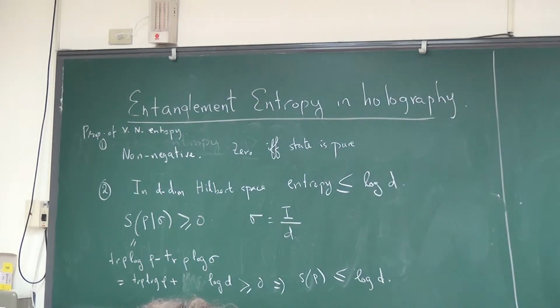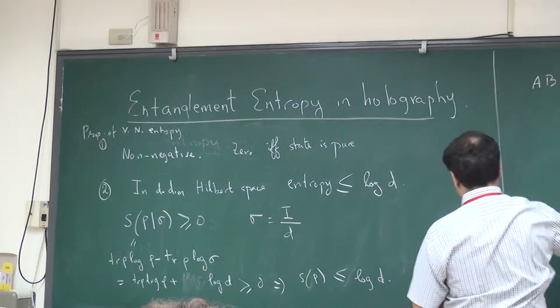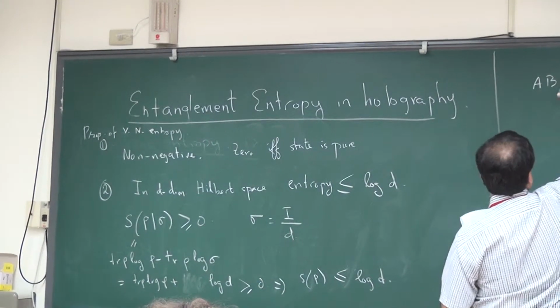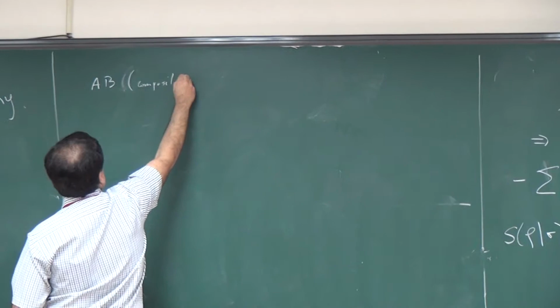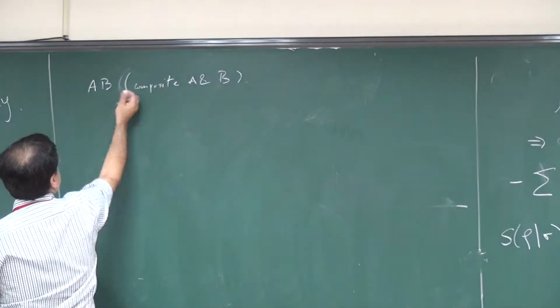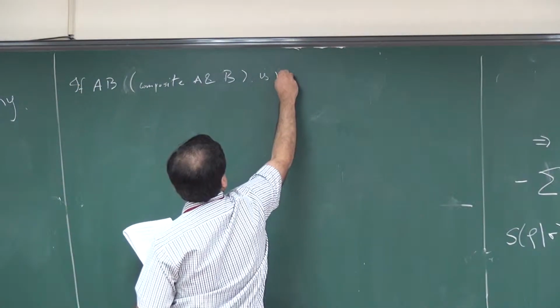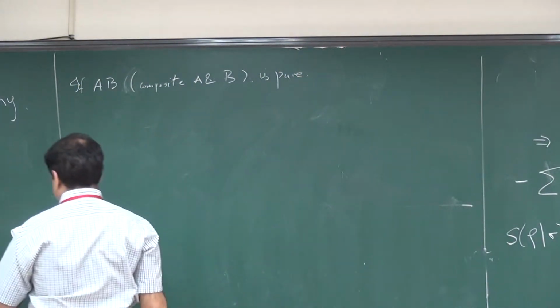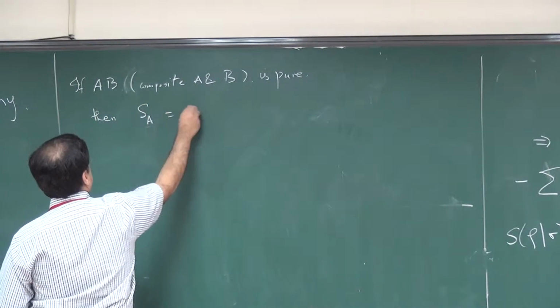The other thing that you can prove, and this is actually quite important, is that if AB, by which I mean a composite of system A and system B, is pure, then S_A is equal to S_B.